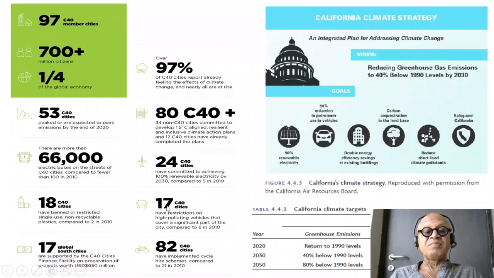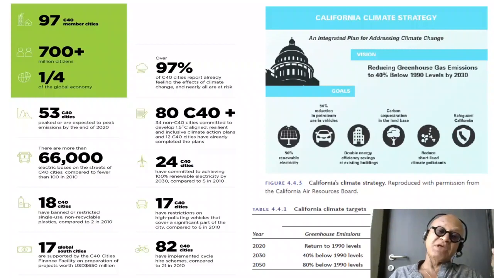Like, for example, 17 C40 cities have restrictions on high polluting vehicles that cover a significant part of the city compared to 6 in 2010. Parking regulations, alternative days of driving into the city, and so on. So the system itself is not set up to completely eliminate driving, for example.